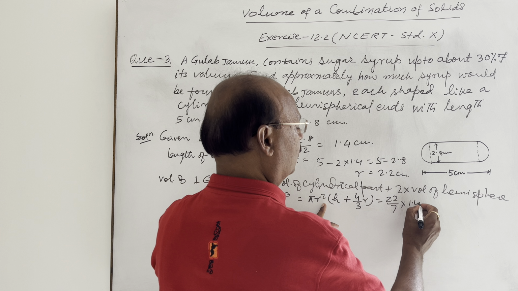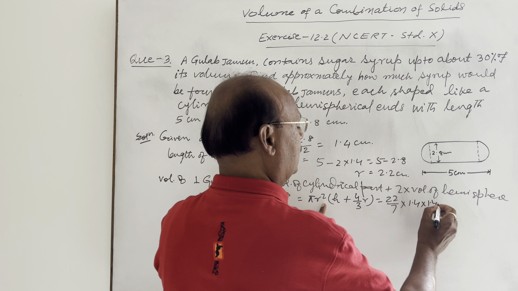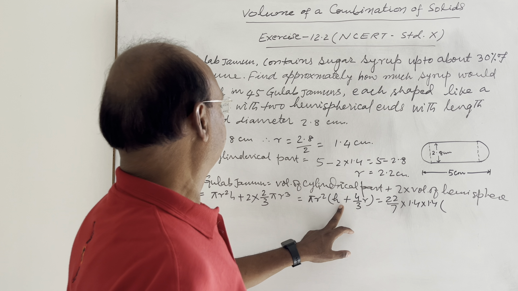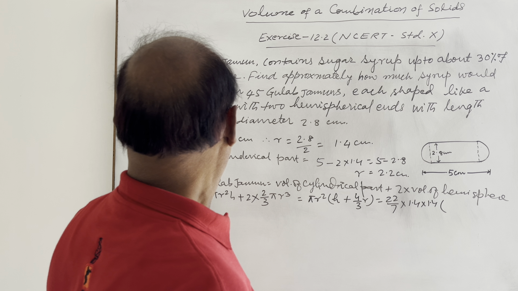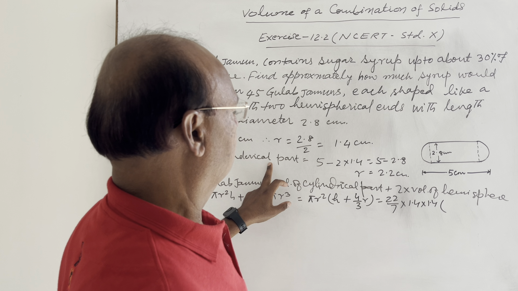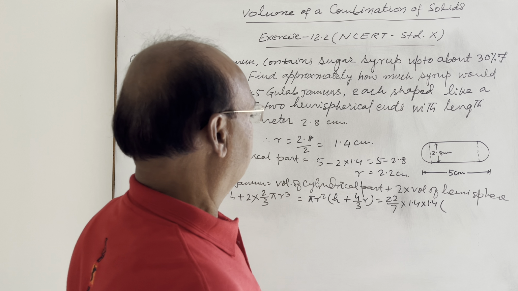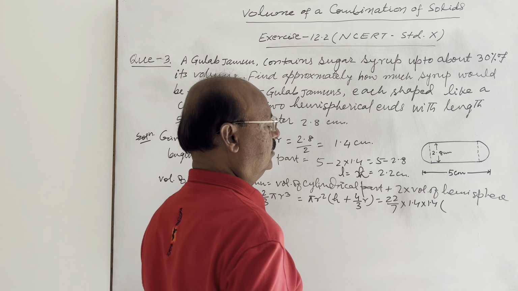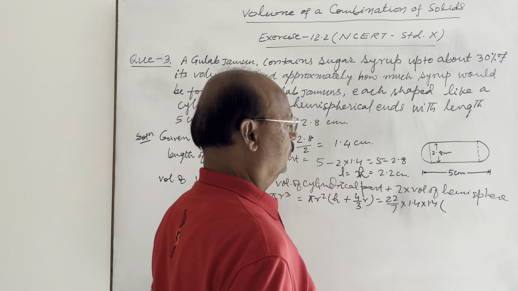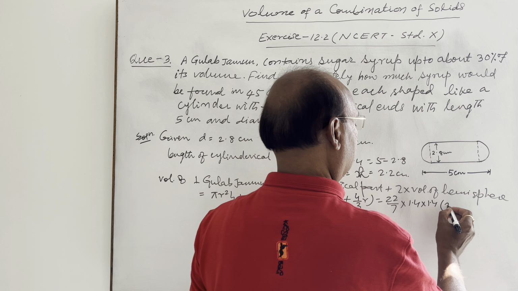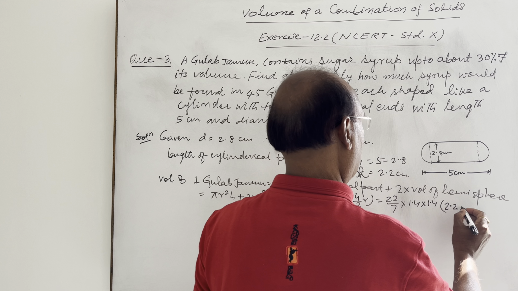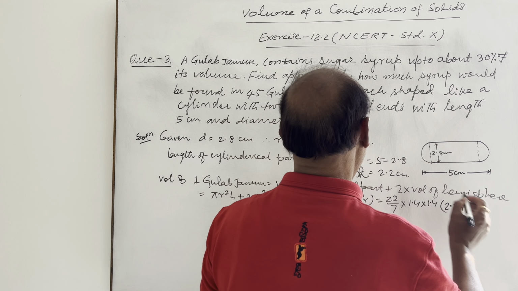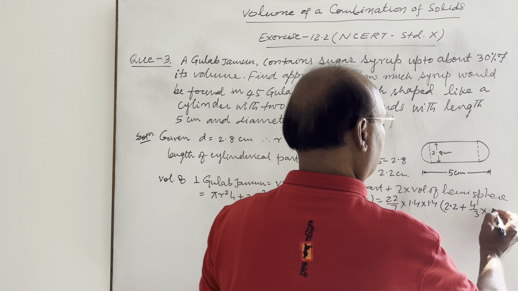R is 1.4, so 1.4 into 1.4 into h, which is the length of the cylindrical part. Sorry, this is h, height. H is 2.2. So h is 2.2 plus 4 by 3 into radius 1.4.